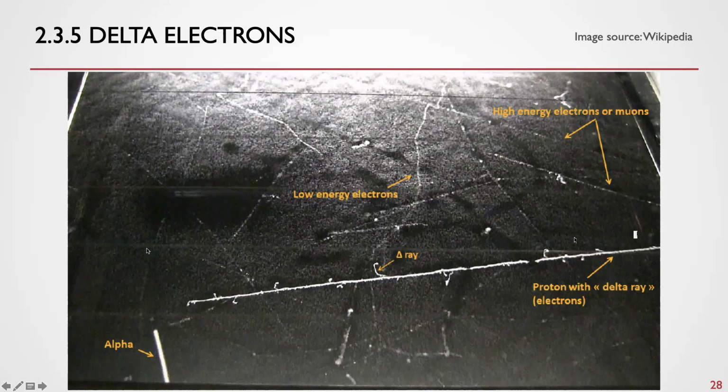Now, the whole photographic plate definitely is a thick absorber, and these little delta electrons come at a certain rate, and this averages out. But if your detector material is very thin, then it becomes a matter of chance whether such a delta electron interaction really takes place.